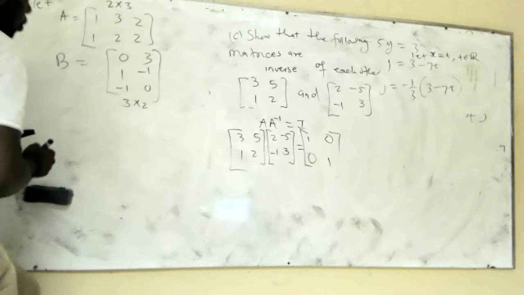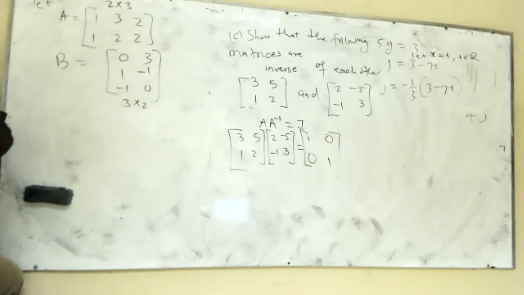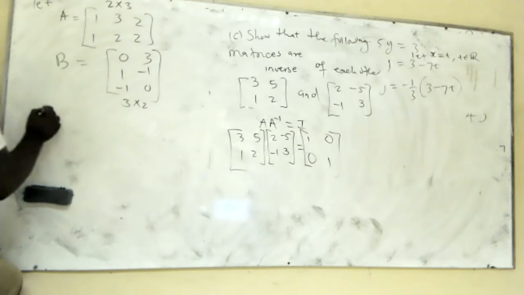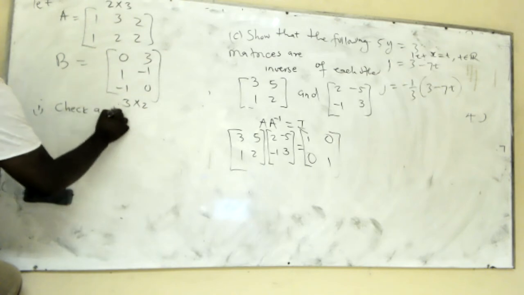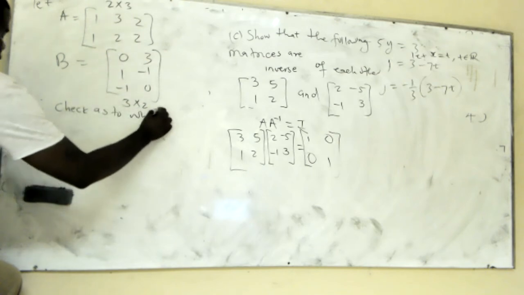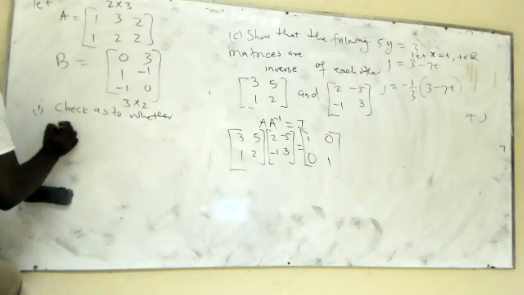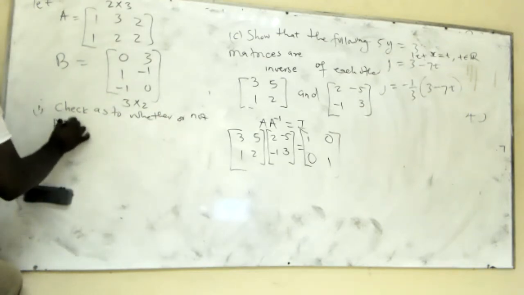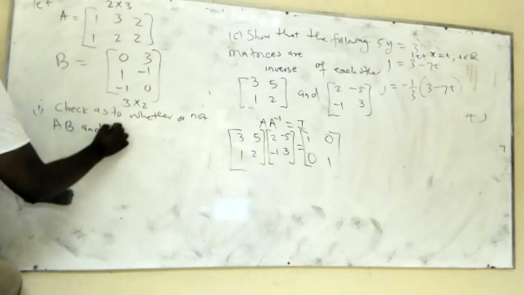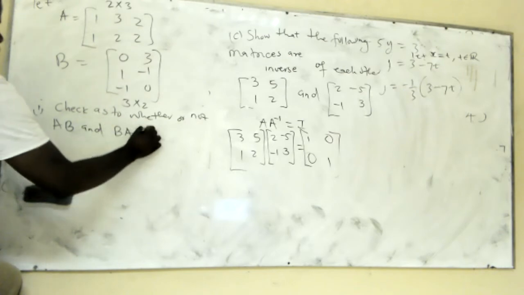What did the question say on this one? Let me go to the question just now. The question said, check as to whether or not the product of AB and the product of BA are defined.